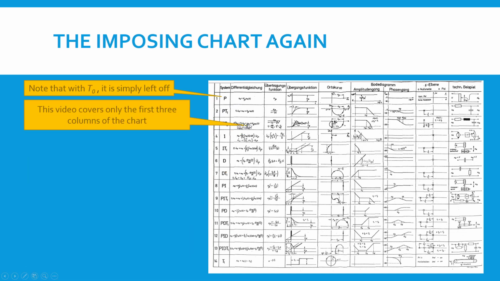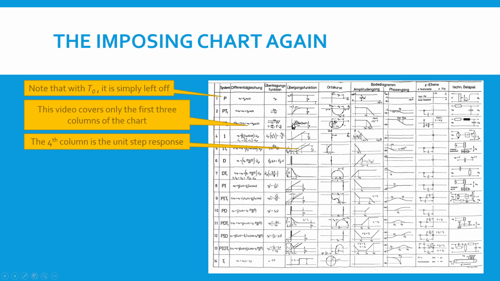We're only talking about the first 3 columns in this video, and so you can go through and look at these, and then look at this Übertragungsfunktion, that's the transfer function, and from the ODE be able to derive the transfer functions of each one of these systems. The 4th column is the step response of the system.